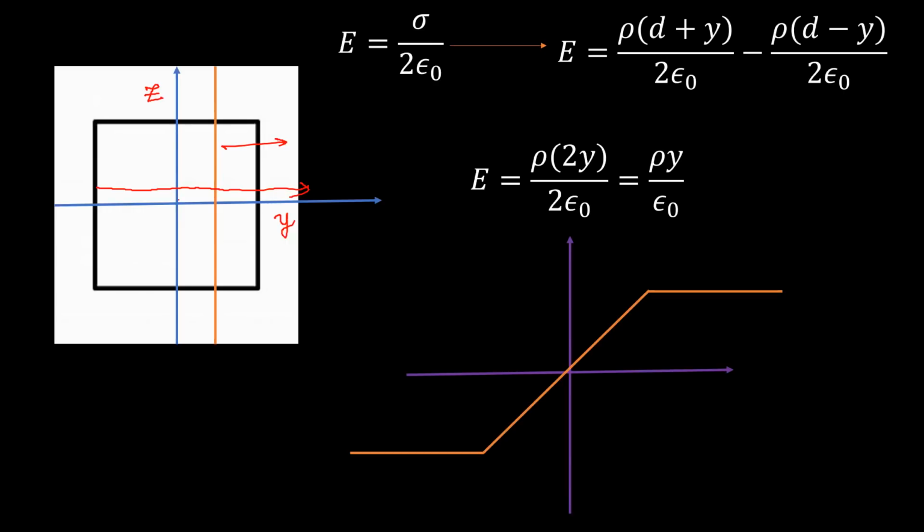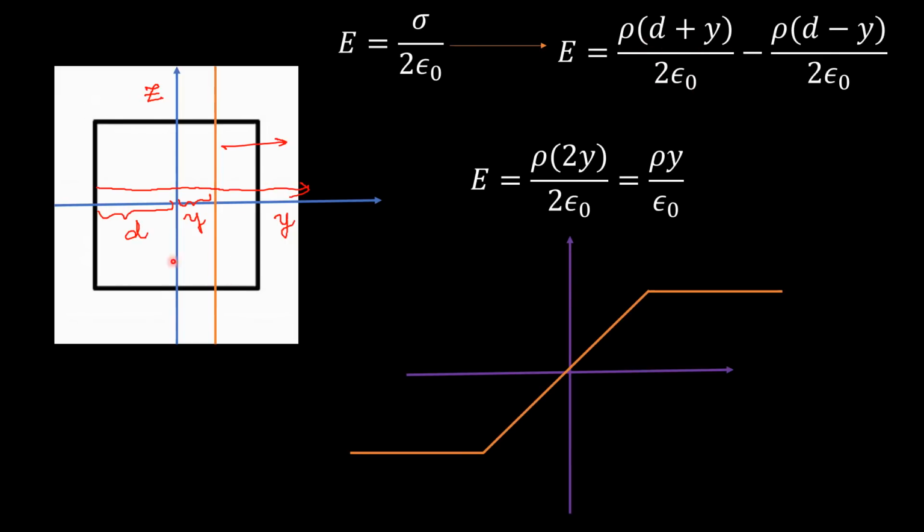So what is the thickness? Here it is y and this is d. So this is rho into d, thickness, not 2d. We are not taking full thickness. We are taking thickness up to this point, d plus y.